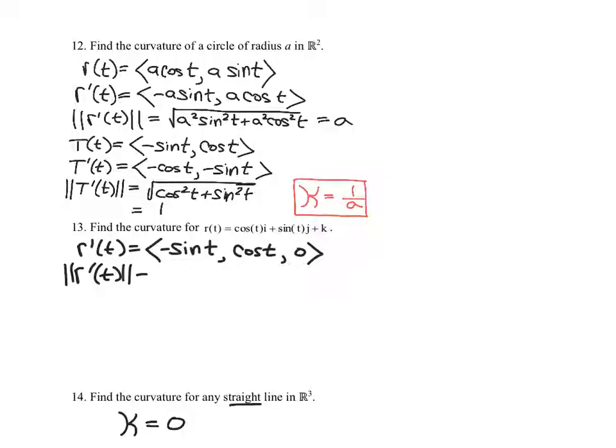I'm not going to kill myself doing this. It's got the same ingredients as my unit tangent vector and its derivative from the last problem. So square this, square that, add it all together, you're going to get sine squared plus cosine squared equals 1. So my magnitude is equal to 1. There's really no work to do there. And so that means that my unit tangent vector is the same as r prime.